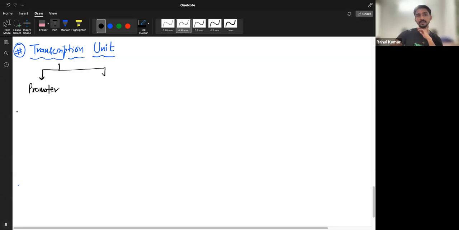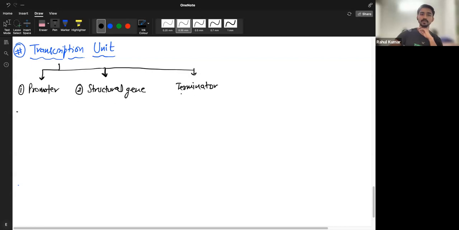Then the second thing it should have is a structural gene, basically the gene that you want to transcribe, the reason you are doing all this. And once transcription is done, there should be a terminator region. So these three regions should be there: promoter, a structural gene, and a terminator.